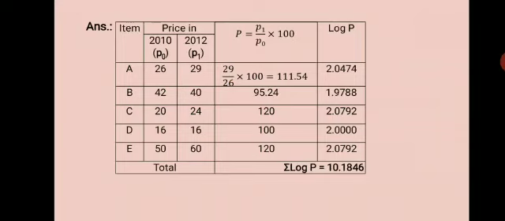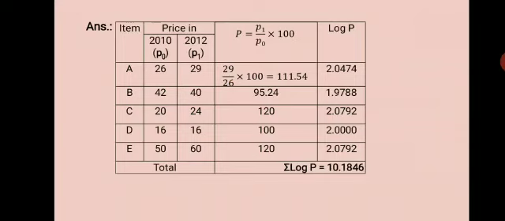Similarly, the log of 95.24, we will get as 1.9788. Then log of 120, we will get 2.0792. Then log of 100, we will get 2.0, and the log of 120 is 2.0792.